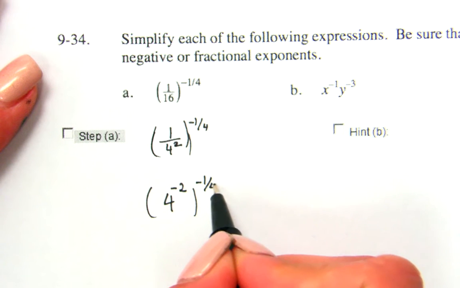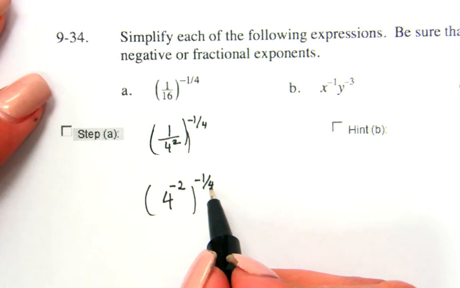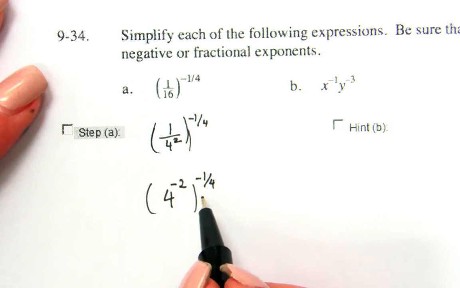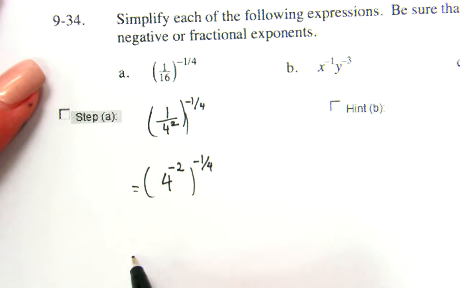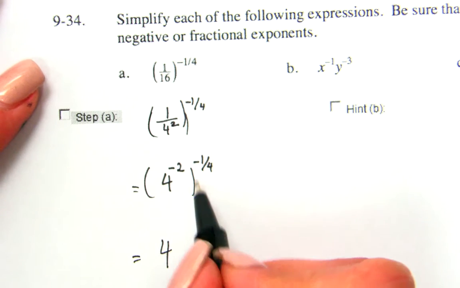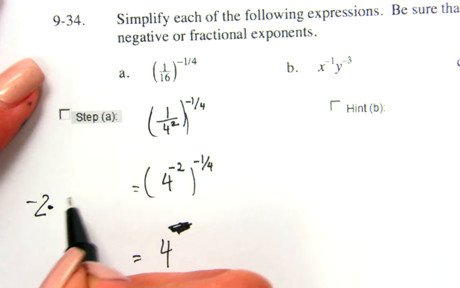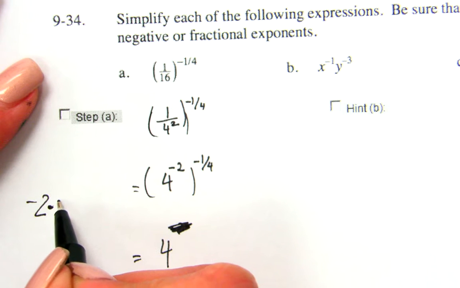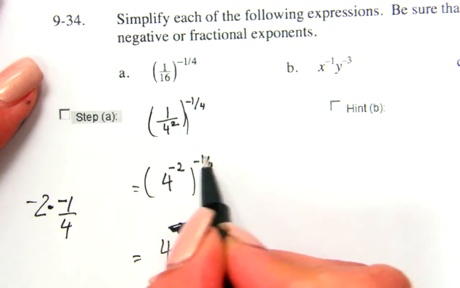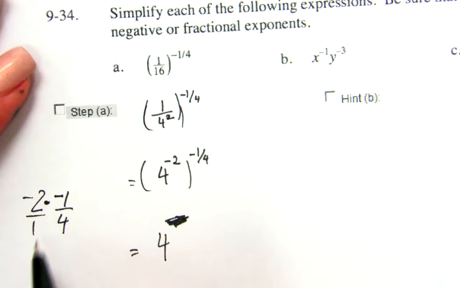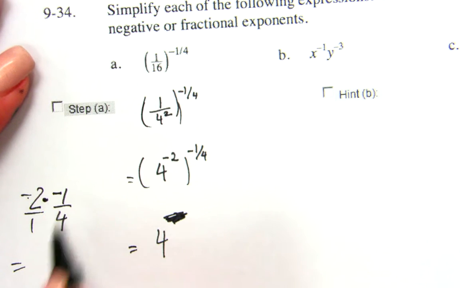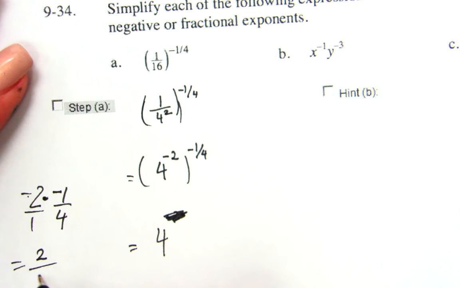And then if this is like this, then technically you can say, okay, well, 4 times -2 times -1 over 4, because that's what's happening up here. That's the same as -2 times -1, that's a 2, over 4, so that's like 1/2.